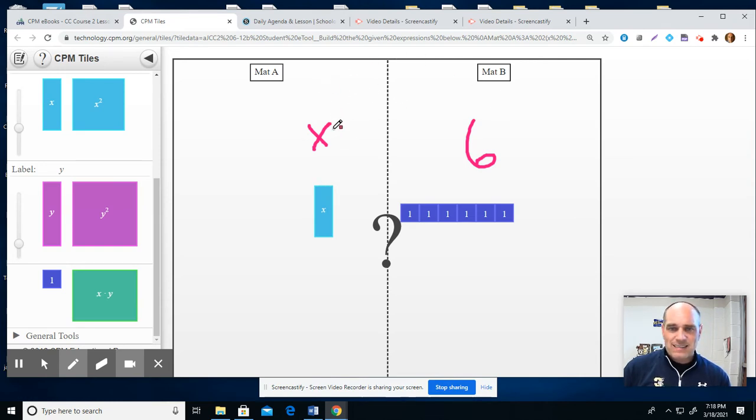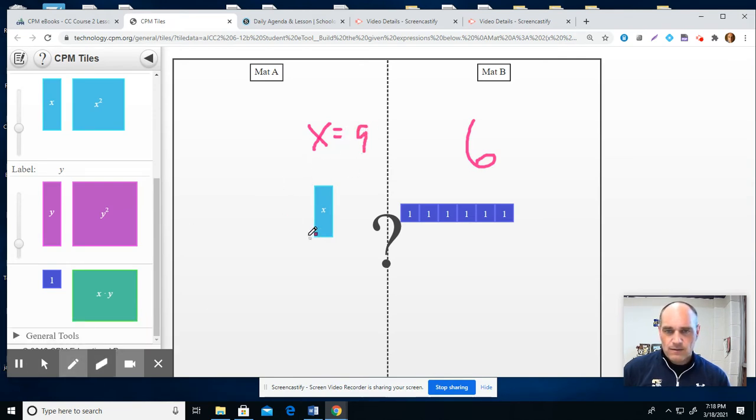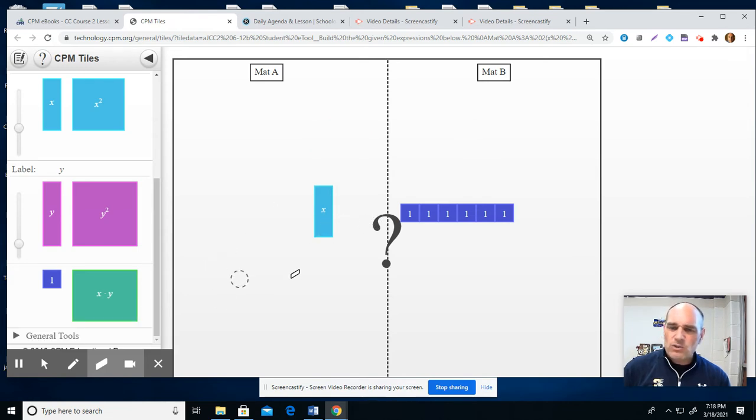If I say that X is equal to 2, well, then this side's bigger. If I decide I want to make X worth 9, now this side's bigger. But the whole goal of this question was figuring out how to get the unit blocks off so we get the X all by itself.